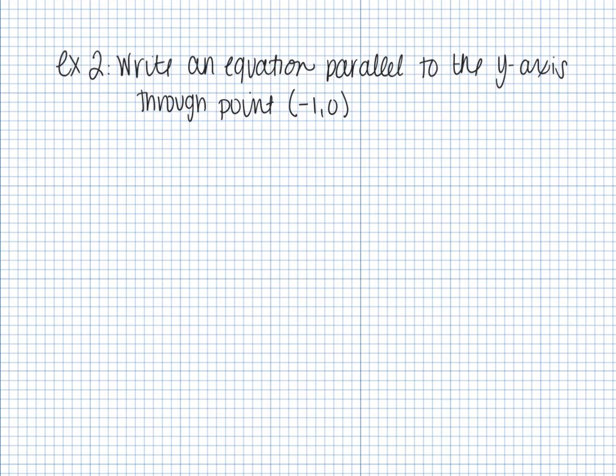All right, next one. Write an equation parallel to the y-axis through the point negative 1, 0. So first thing I need to do is think about what it's asking me. It says parallel to the y-axis. So here is the y-axis, the vertical axis. So anything that is a line straight up and down will be parallel to that axis.